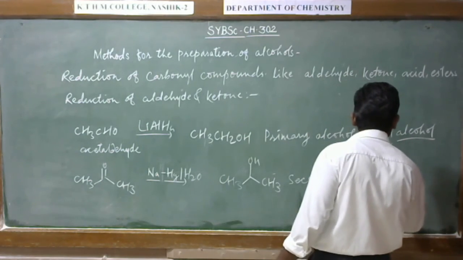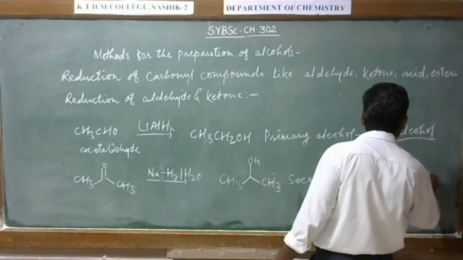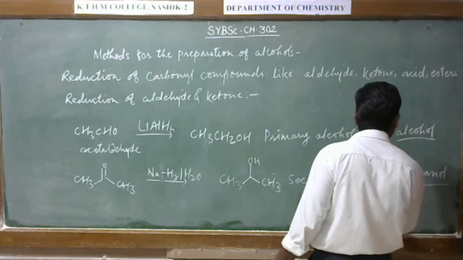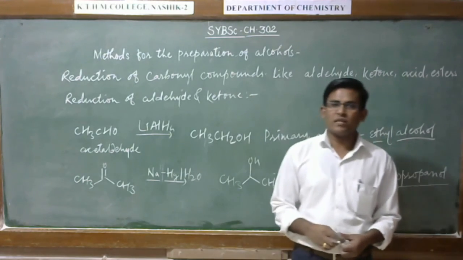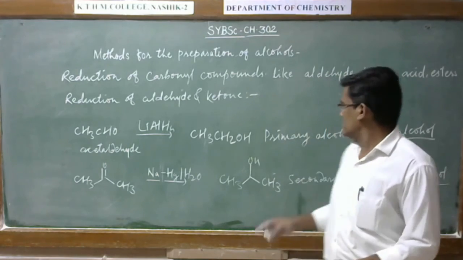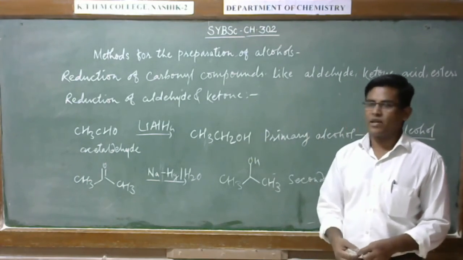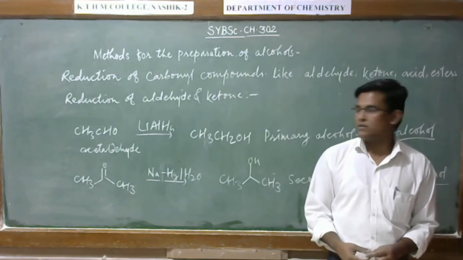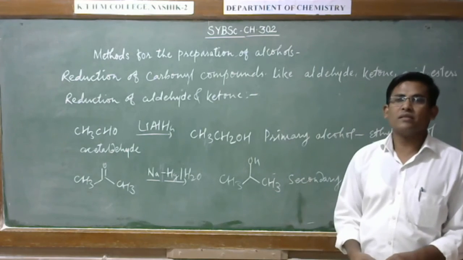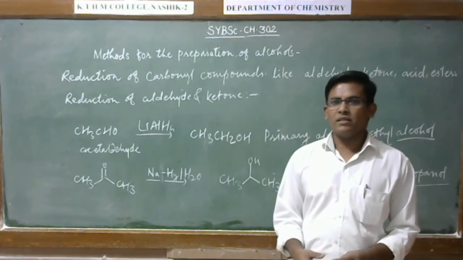That means isopropanol. So this is the primary alcohol. Primary alcohol will generate from the acetic halide by using reduction with lithium aluminum hydride. This primary alcohol can be prepared from ester and acid as well.